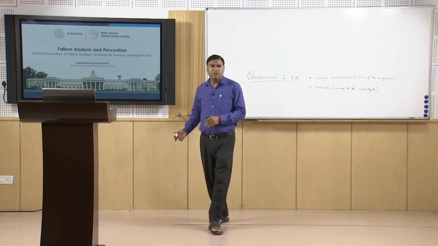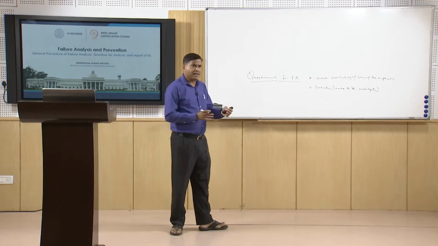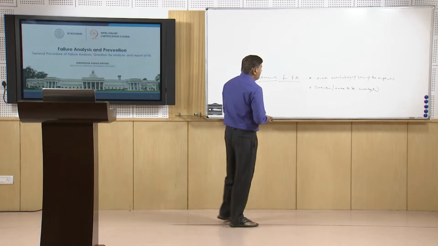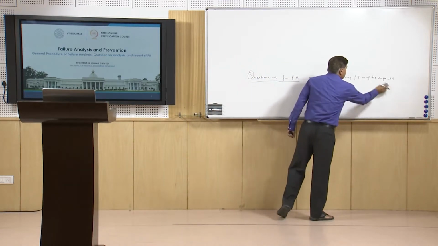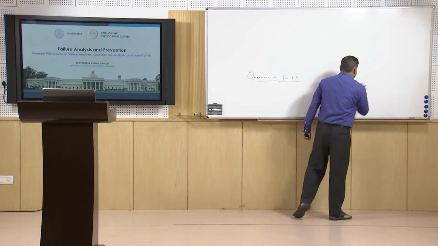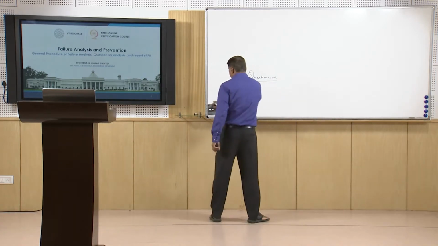So, these are the two important things related with setting a proper questionnaire for the failure analysis. It reduces the possibility of overlooking some of the aspects, and it gives better clarity on the ways and directions which should be investigated, so that well informed conclusions can be made during the failure analysis.